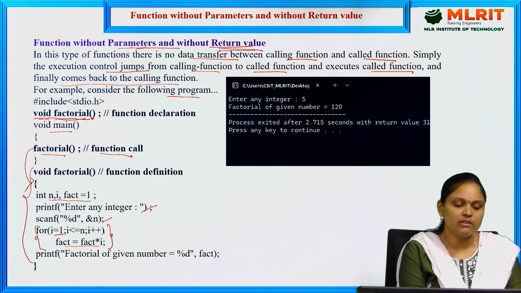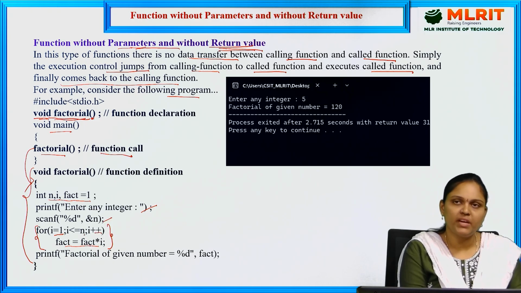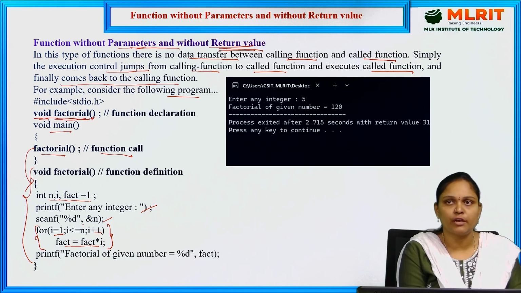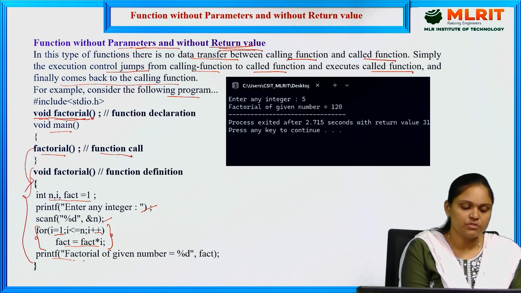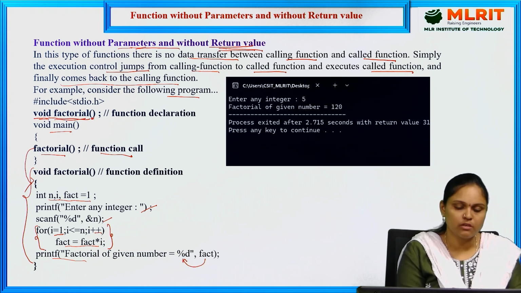As the i value is getting incremented, we multiply that i value to the factorial variable, fact. Finally when the for loop ends, the fact value will be the resultant factorial value. By using this printf statement, we are printing that fact value, the factorial value.